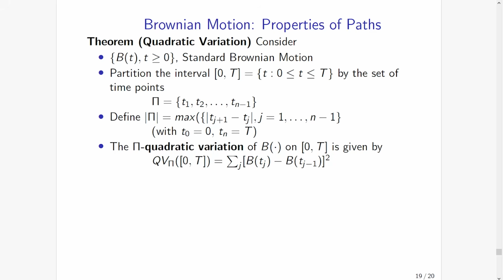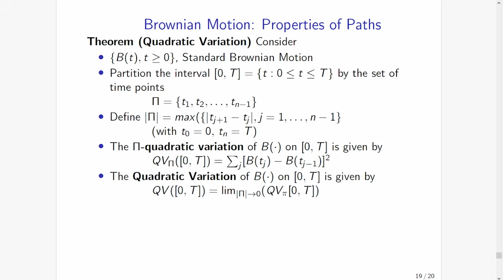And then we can talk about the quadratic variation of the process, which is to look at increments of B over these intervals between tj minus 1 and tj, square those, and sum those values. This is an appropriate term for quadratic variation.